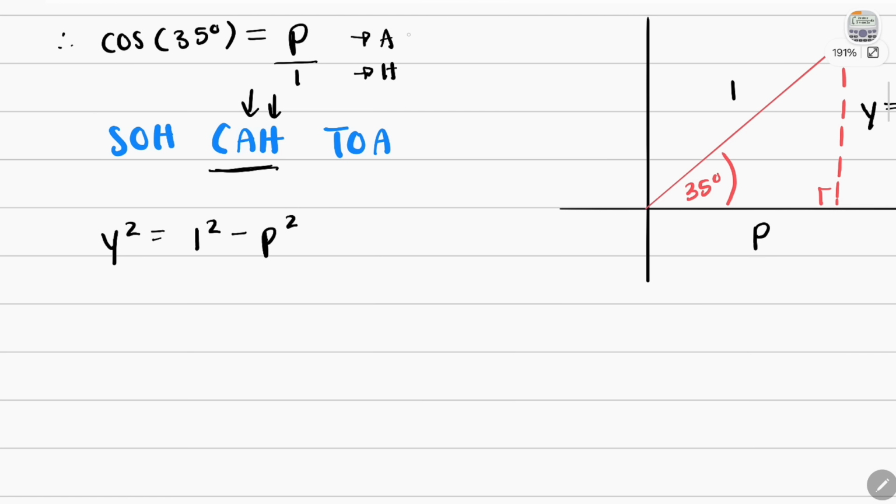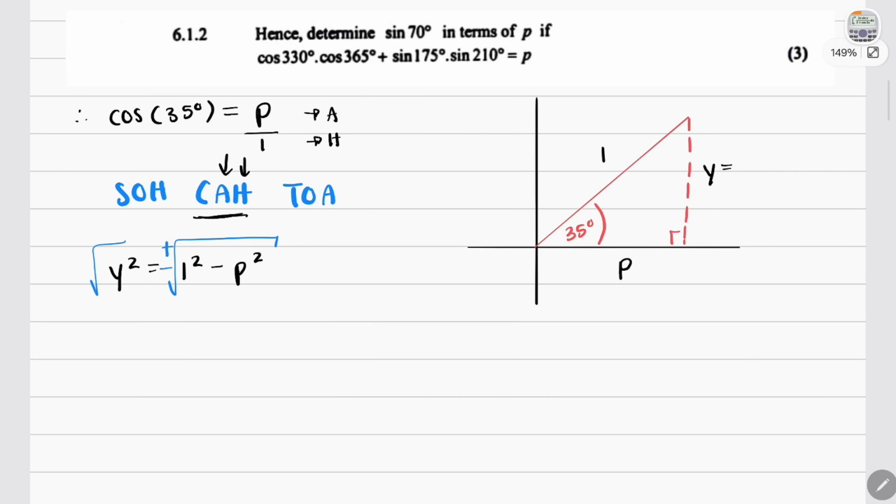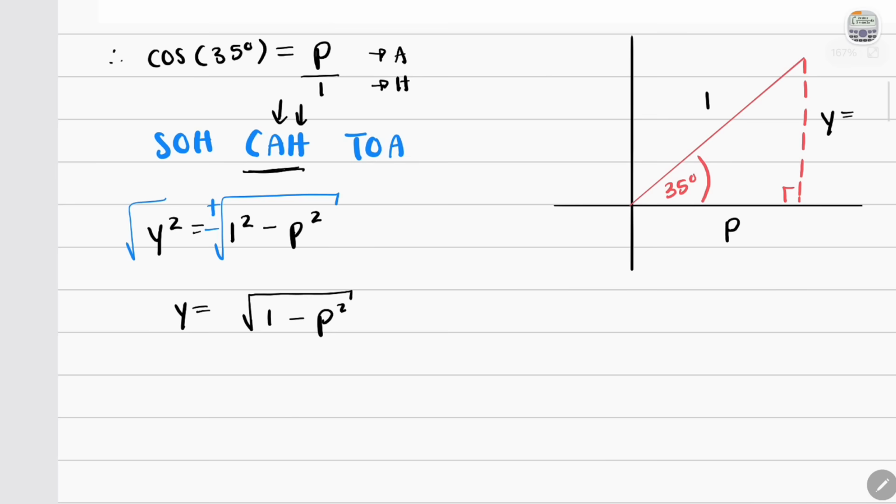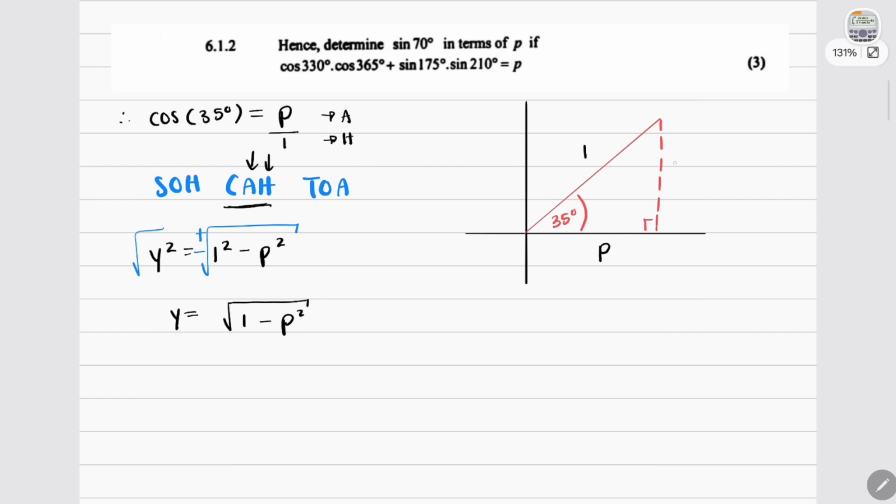Then you square root both sides. Normally we take the positive and negative solution, which is still correct, but you can see that here the y value is clearly going to be positive. It's on the positive part of the y-axis. So y is equal to the square root of 1 minus p squared.